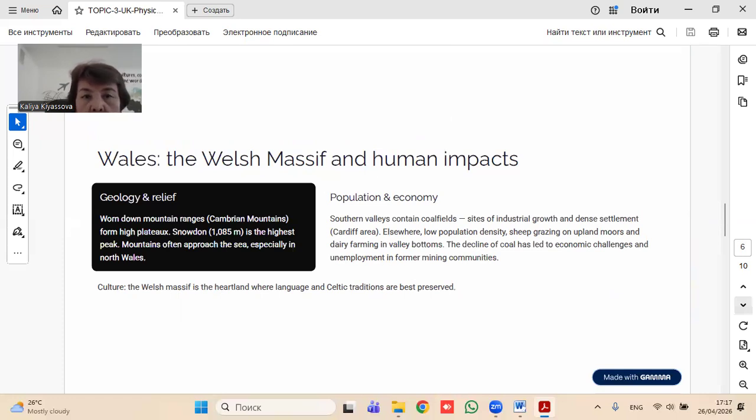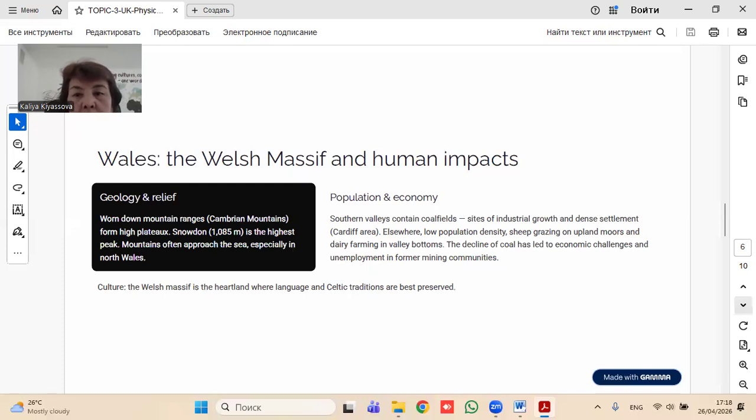Wales population and economy: southern Wales contains coalfields, sites of industrial growth and dense settlement, such as the Cardiff area. Elsewhere, low population density, sheep grazing on upland moors, and dairy farming in valley bottoms.